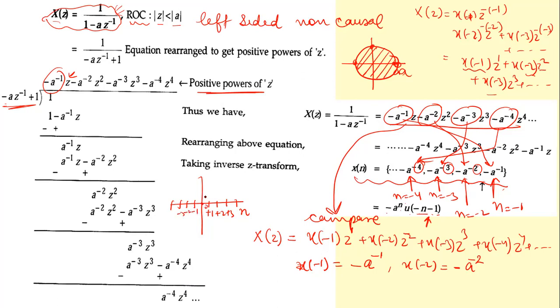A causal sequence will exist for these values. However, the anti-causal sequence will start from minus 1 here, right? That is why we take u of minus n minus 1. This u of minus n minus 1 is equal to 1 for all values of n less than 0. So we have taken it like this, right?